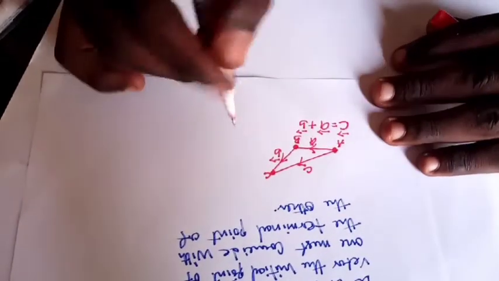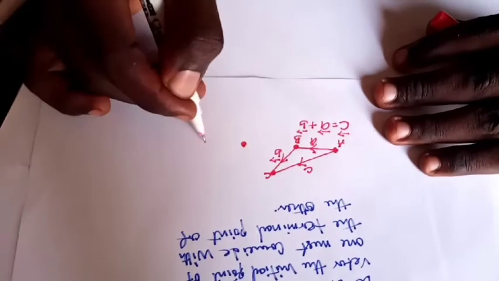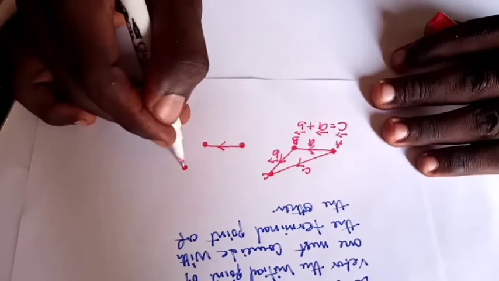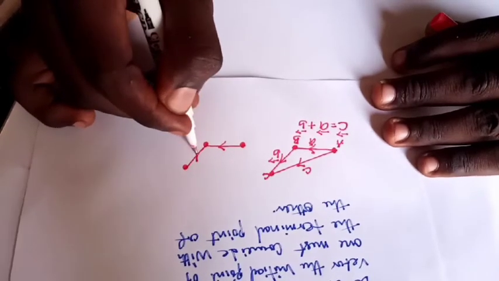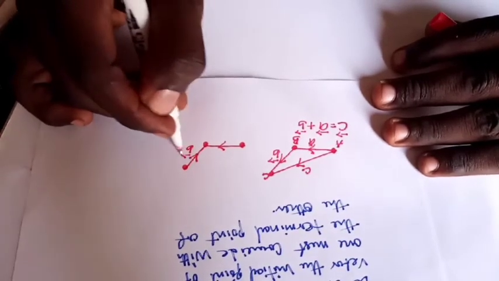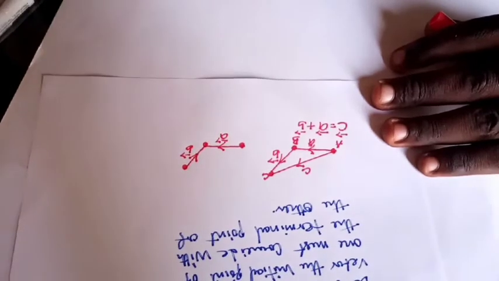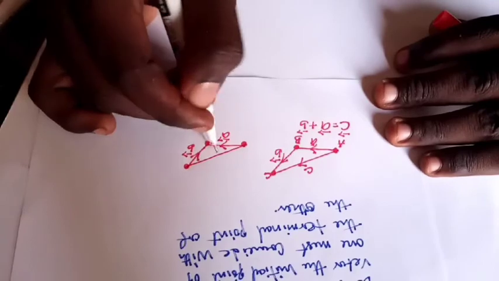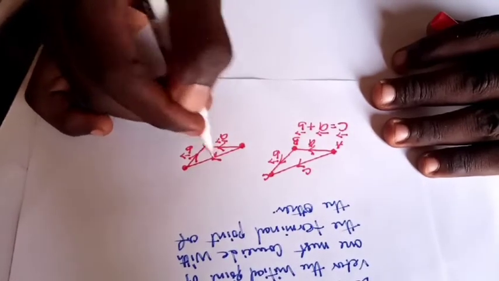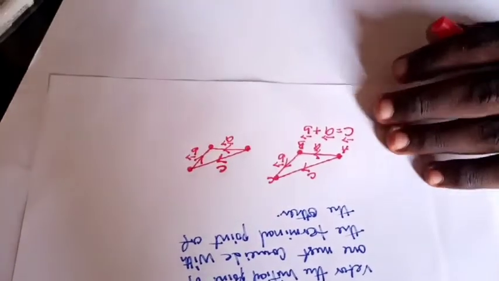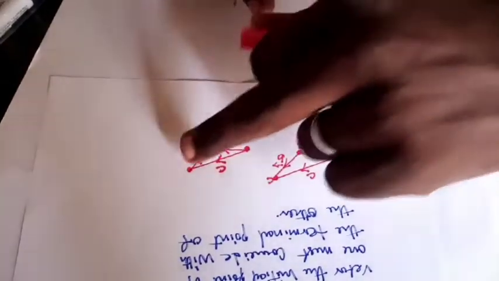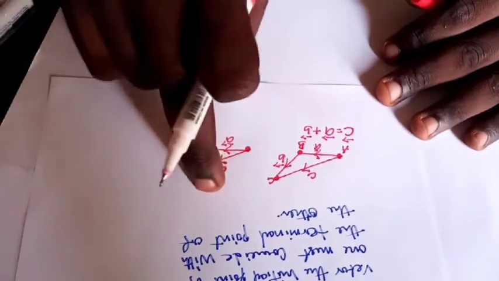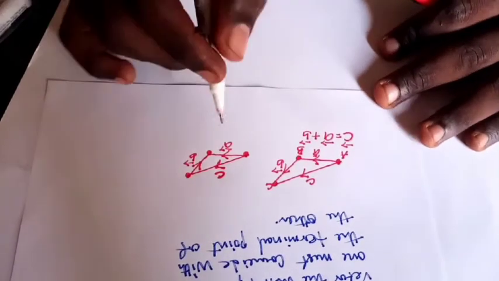So, if we are getting this, let's take a look at this one that we have here. If this is B and this is A, here will be the resultant of A and B. But we don't know whether we are going to subtract A and B to get C. So we check.